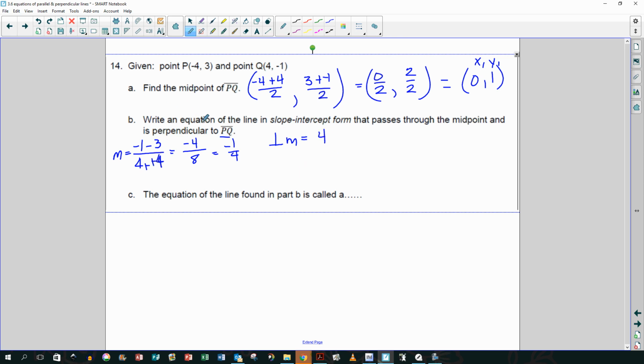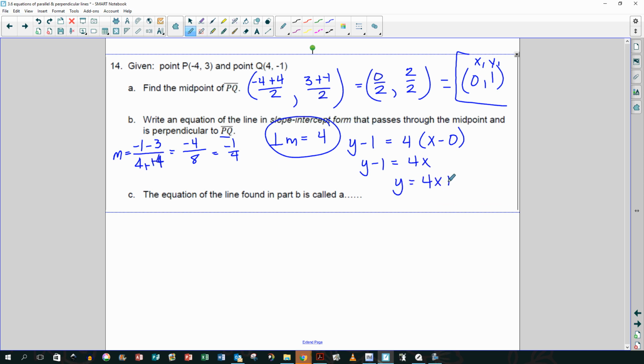So they want me to write an equation of a line that goes through the midpoint. So it has to go through this point, and it has to be perpendicular. So y minus y1 equals m times x minus x1. So y minus 1 is 4x. Y is 4x plus 1.